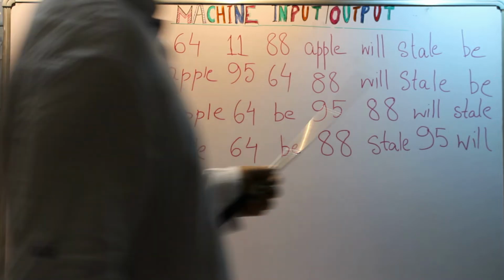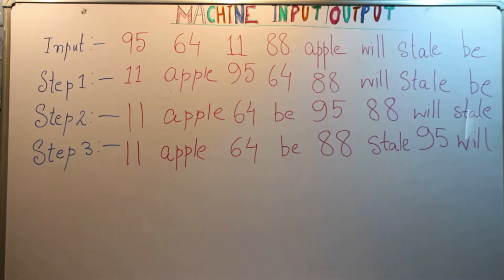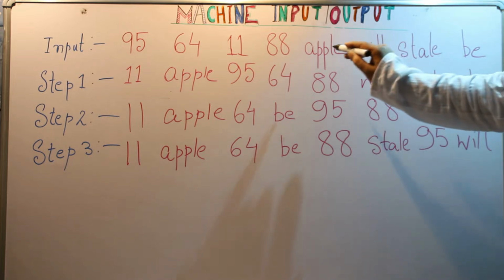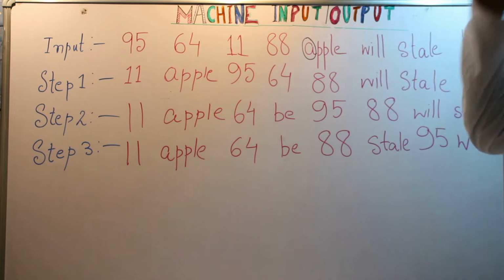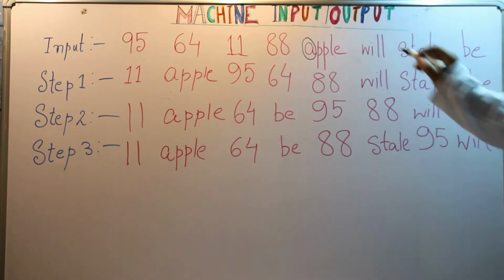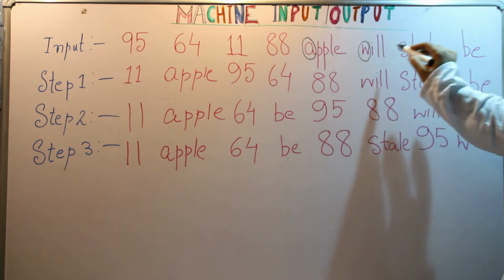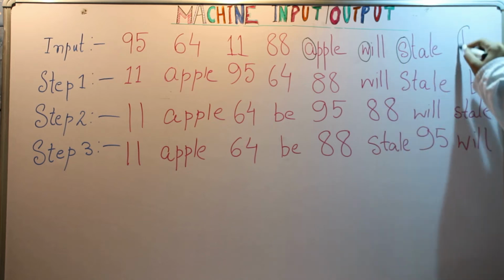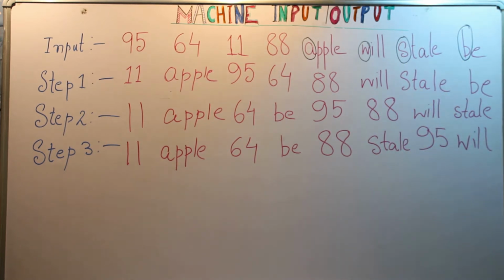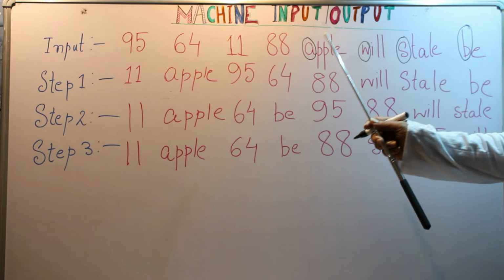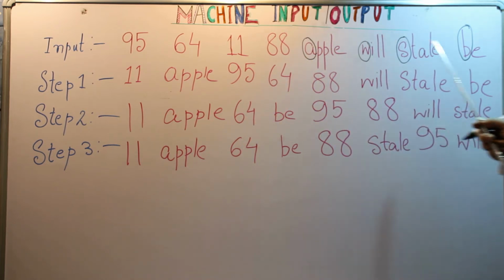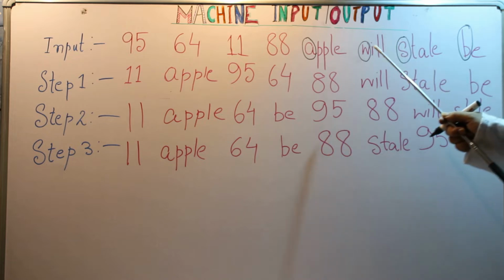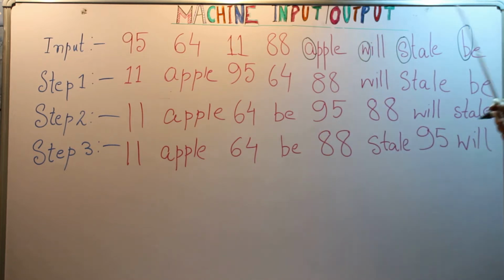And similarly, in these four words, apple, will, still, and be: if we consider the first alphabet, A, W, S, and B.